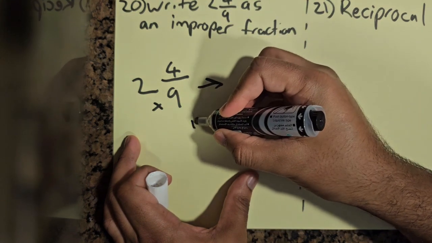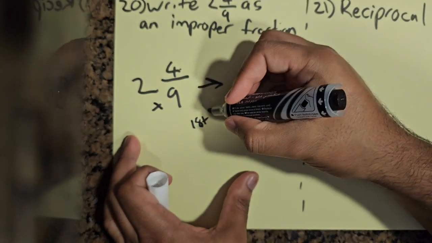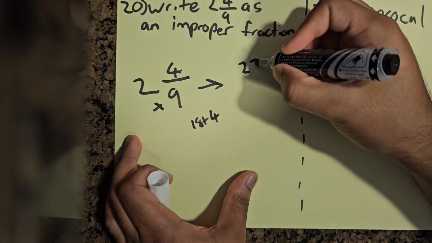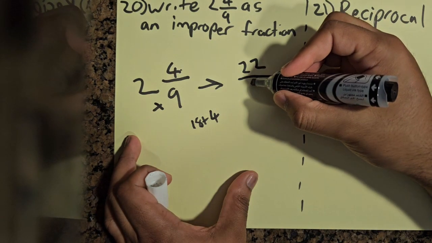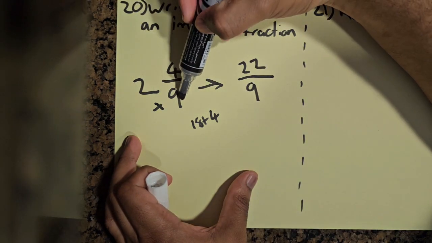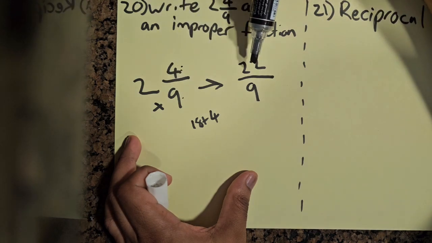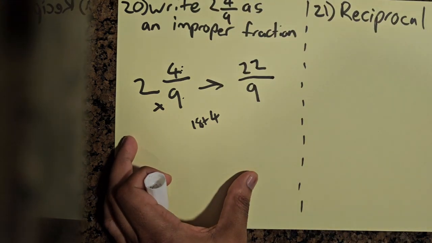So now I have 18 plus I add the numerator, which is 4. 18 plus 4 gives me 22. And the denominator doesn't change. It stays 9. So we take the whole number, multiply by the denominator, add the numerator, and we take that answer and write it on top. And at the bottom, the denominator stays the same.